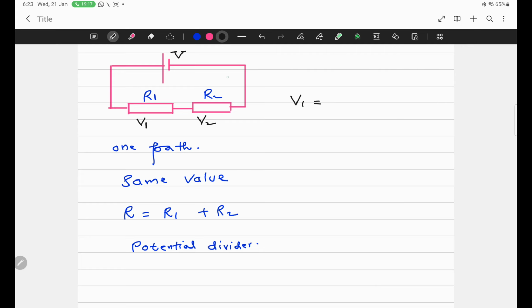And you should know a formula, जो मुझे पता है आपने IGCSE में पढ़ा हुआ होता है. Potential divider formula बेटा ये होता था, R1 plus R2, R1 plus R2. Okay. If you are calculating voltage of R1, then you will use R1. If you are calculating voltage of R2, then you will use R2. Okay.